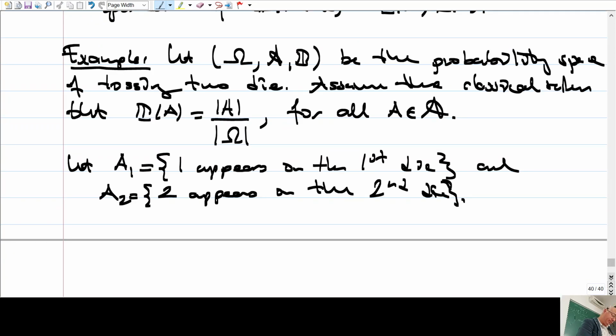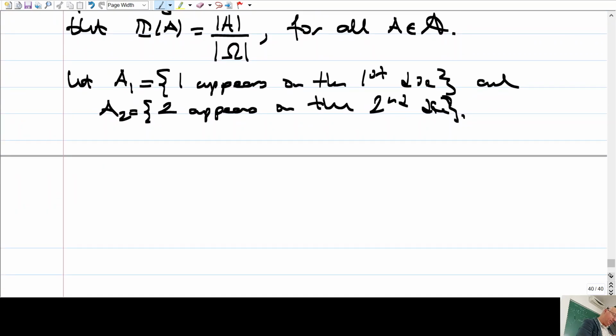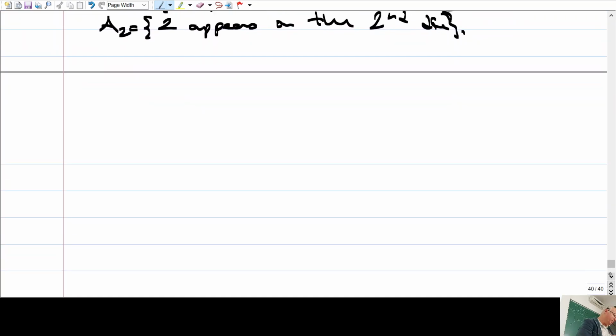Now, what is the probability of the event A1?